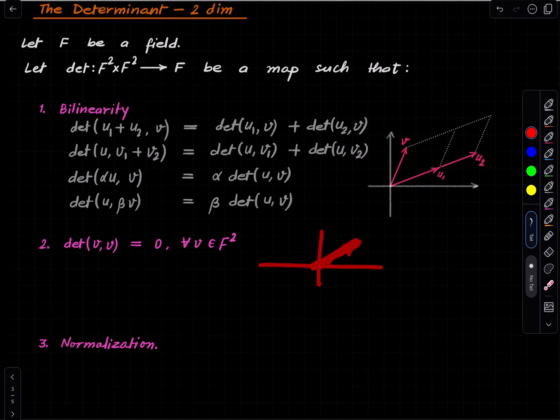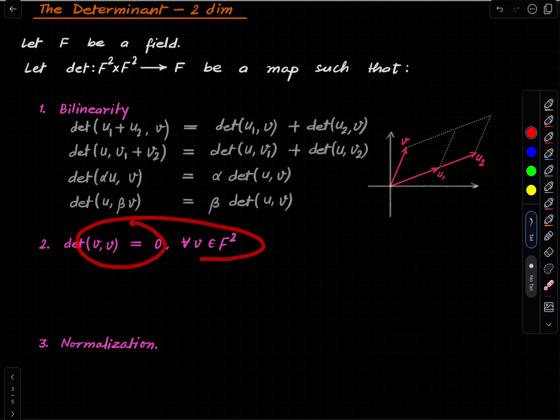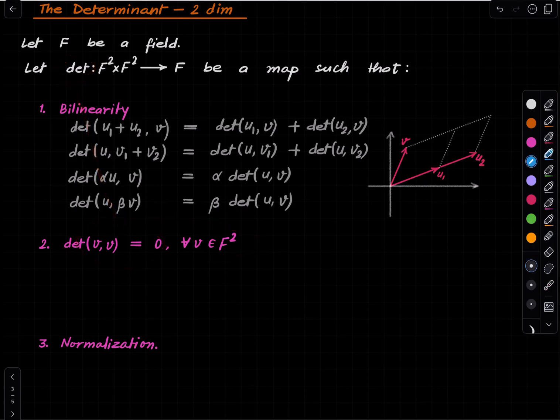And a thin line has 0 area. So this is reasonable to demand. This is an axiom that we put on the determinant function. And as a consequence of this axiom, very important to note, the determinant of this pair is the same as minus the determinant of the flipped pair.